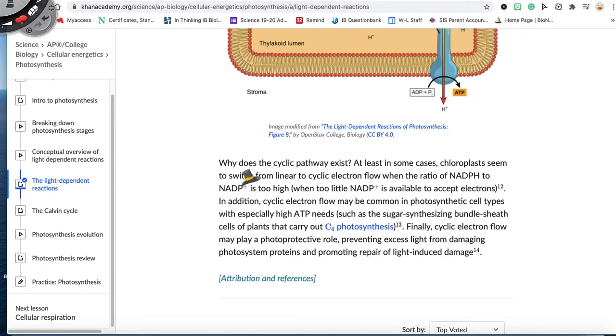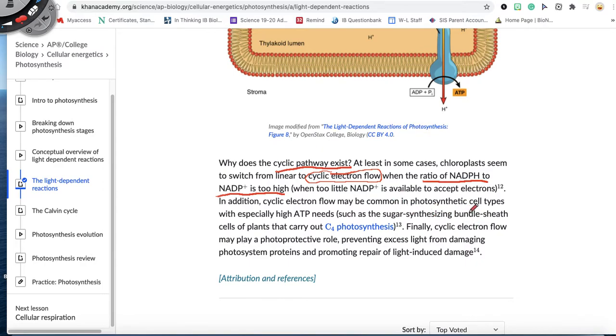And then they go into a little bit more detail as to why the cyclic pathway exists and not just the non-cyclic pathway in plants, right? So we know that sometimes, look at what it says here, the ratio of NADPH to NADP+ is too high. So then some plants need to focus on cyclic photophosphorylation only to produce ATP.